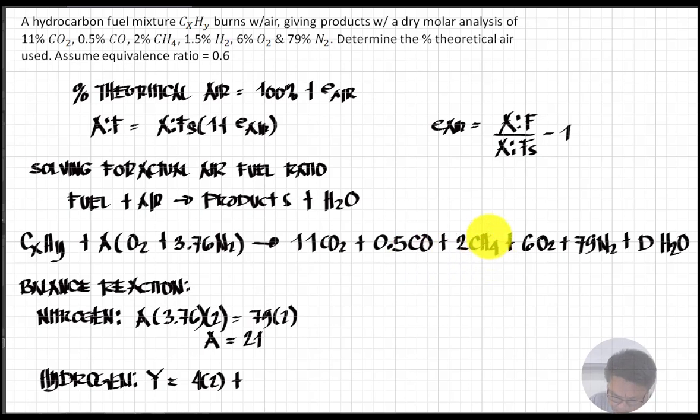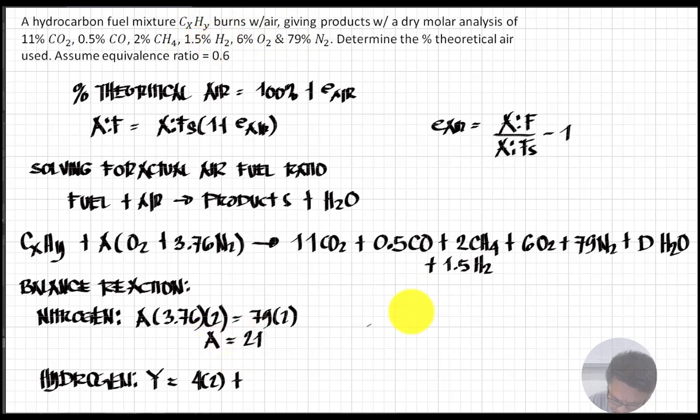Okay, I forgot one more thing. We have 1.5 for your hydrogen, this one. We're going to add the hydrogen here, so I'm going to add plus the 1.5 for your hydrogen. I forgot this one, sorry, 1.5% of hydrogen.